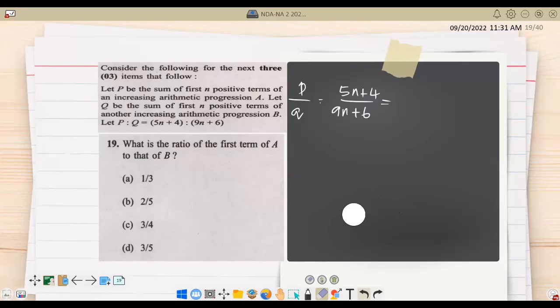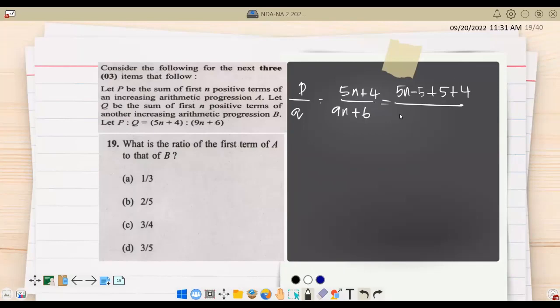So you should have (n minus 1) d, right? So you have 5n. So if you should have n minus 1, so let's introduce minus 5 and plus 5 to the numerator. In a minute you will see why we're doing that. So minus 5 plus 5 plus 4. Nothing has changed because minus 5 and plus 5 will get cancelled.